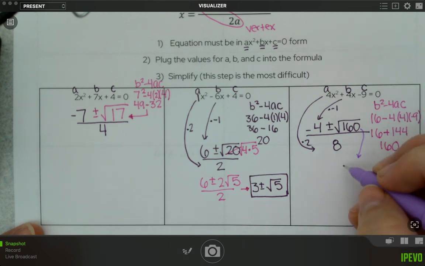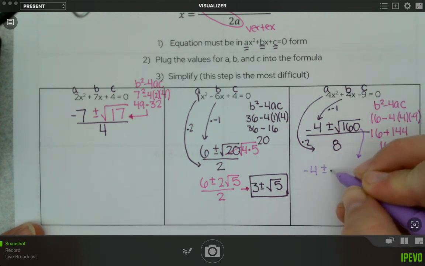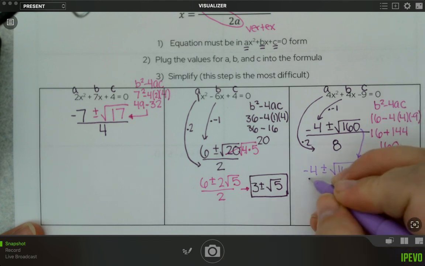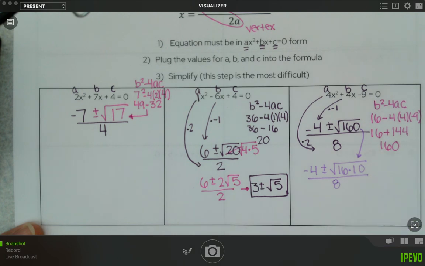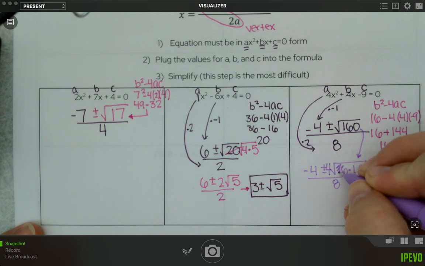Because when you multiply a number by 10, it just adds a 0 at the end. And then the 16, the square root of 16 is 4. So you get to put a 4 out there.